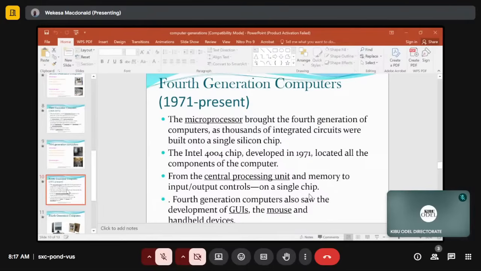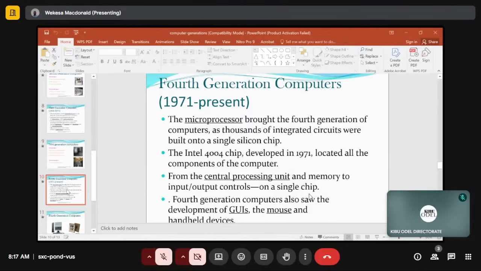So fourth generations ziko na kitu inaitwa microprocessor. Microprocessor like tuko na Intel, Pentium, Core 3, Core 5, Core 7. You see? And it has what's called very large integrated circuit.